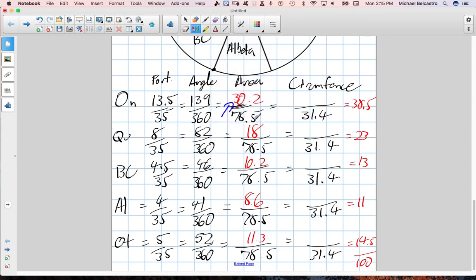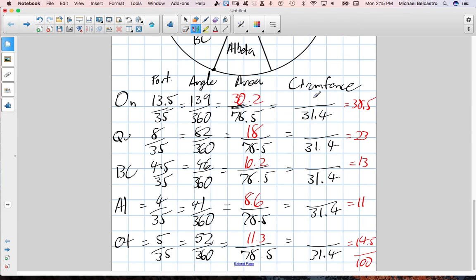Out of the 78.5, Ontario had a sector area of 30.2 units, Quebec's was 18 units squared, BC was 10.2 units squared, Alberta's was 8.6 units squared, and all the other provinces and territories of Canada had 11.3 units squared area portion of our population of Canada's circle.